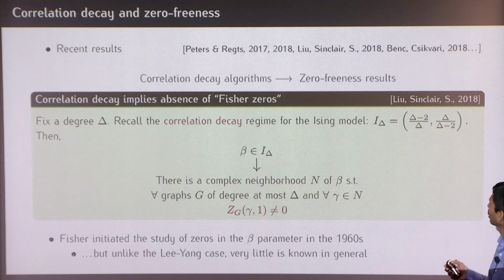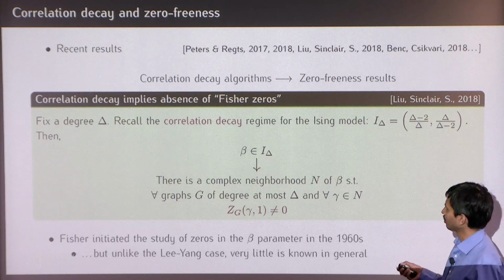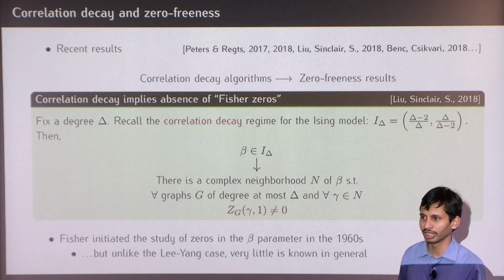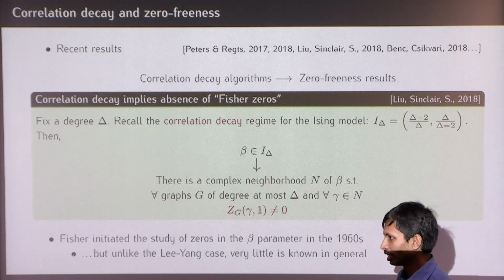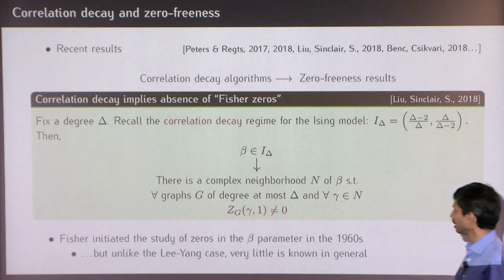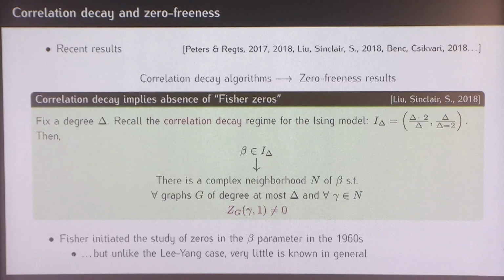But one thing I want to mention is the joint work with Jingcheng Liu and Yu Yang, which talks about Fisher zeros. I talked so far about Lee-Yang zeros, which are zeros in the field parameter. One can also talk about zeros in the beta parameter, and much less is known there. One thing one can show, using correlation decay-like arguments, is that in a neighborhood of the correlation decay regime the partition function does not vanish, so there are no Fisher zeros in a neighborhood of the correlation decay regime.